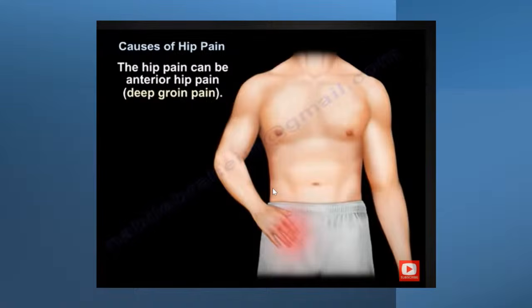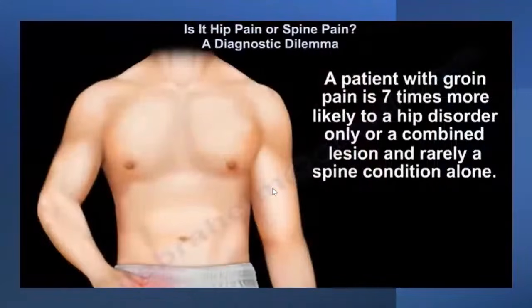So the hip pain will be anterior and deep in the groin, and a patient with groin pain is 7 times more likely to have a hip disorder than a combined lesion with the spine.